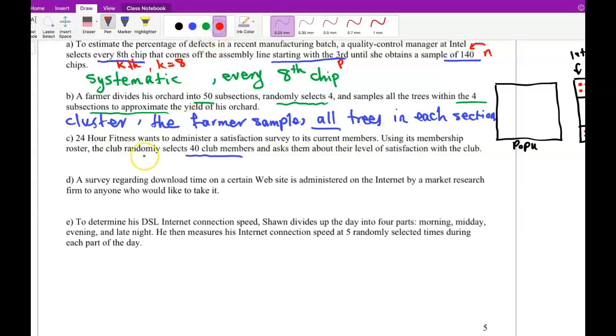Okay, here is the point. The club randomly selects 40 club members. This one is simple random sampling.